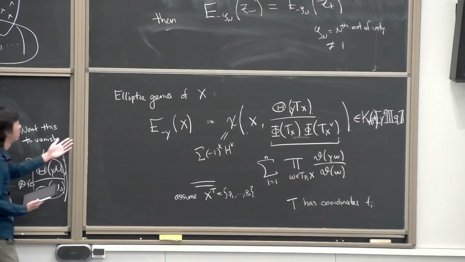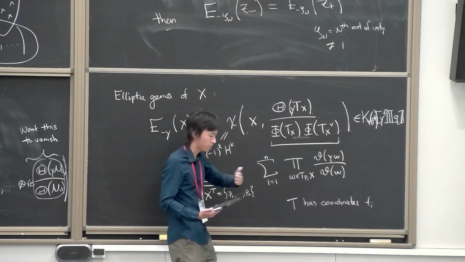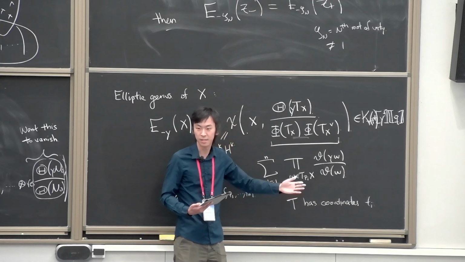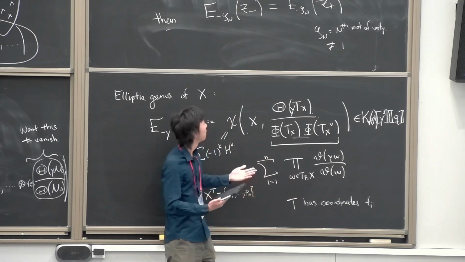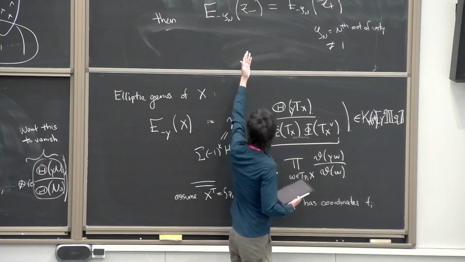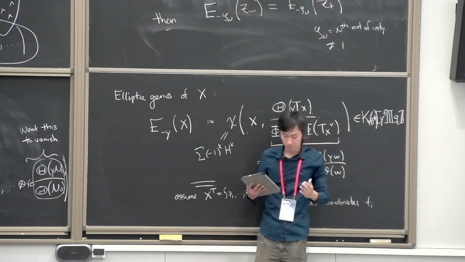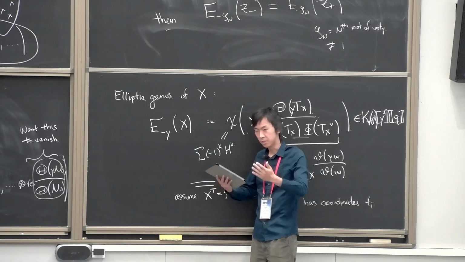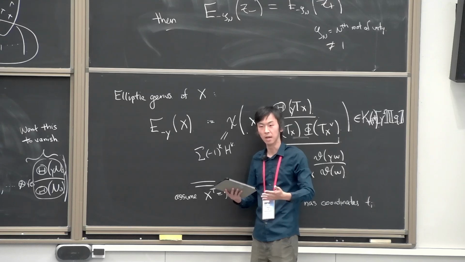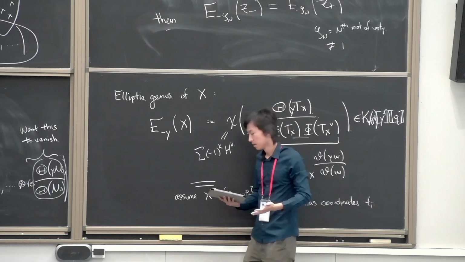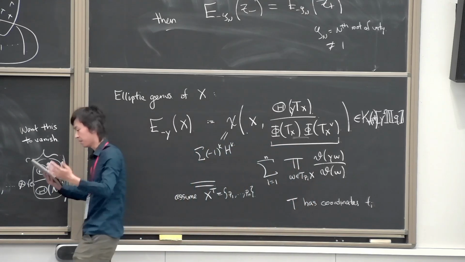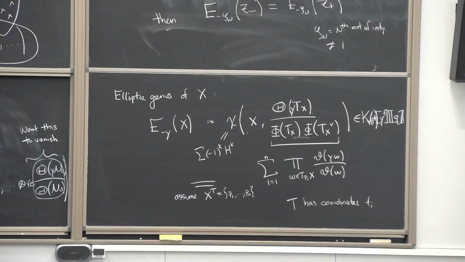And so every nice variation of GIT will be some kind of flip. And the condition which I've written down translates to something about the dimensions of the exceptional loci on either side of the flip. And if such a condition is satisfied, then elliptic genus will be invariant under variation of GIT.